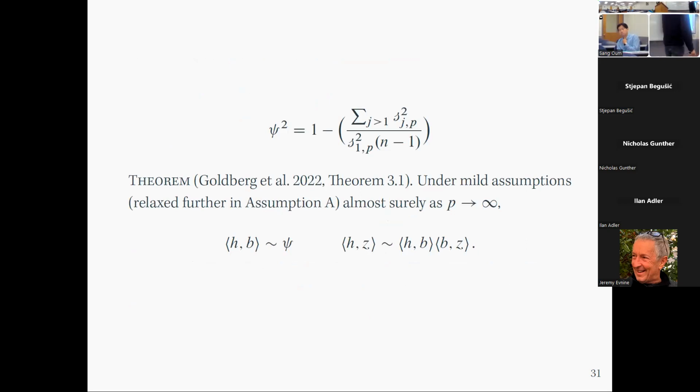Just use that formula. And let's focus on the theorem, which is saying that the dot product between h and b is a number psi. I forgot to mention here, psi is going to be eventually between 0 and 1, which is going to say that those two vectors are not the same in the limit.